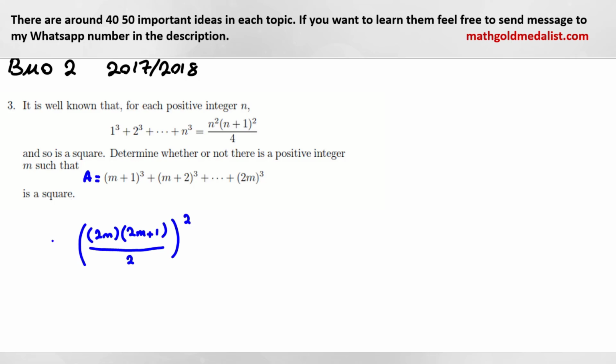Let's call this A. This is minus what? Minus m times m plus 1 over 2 squared. So then we can write it as what? If you simplify it completely, it becomes m squared times 5m plus 3.